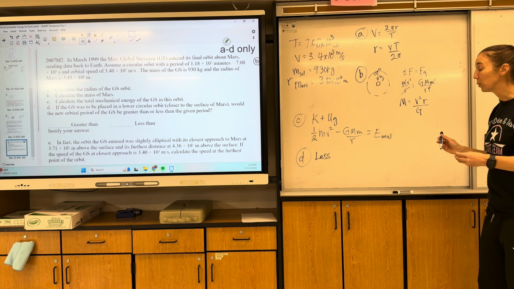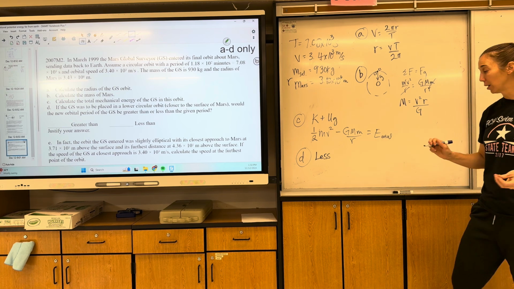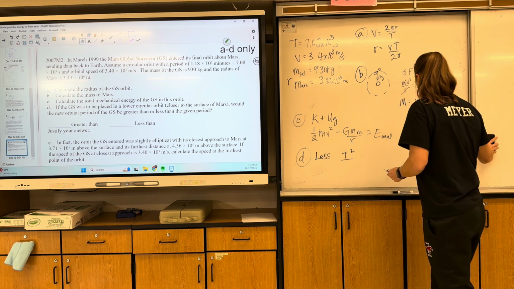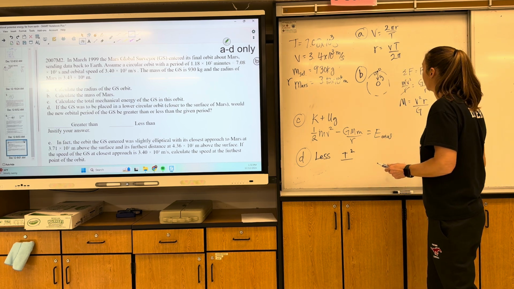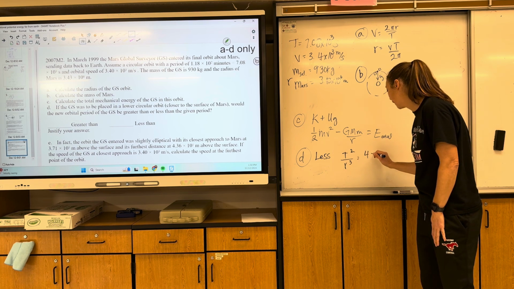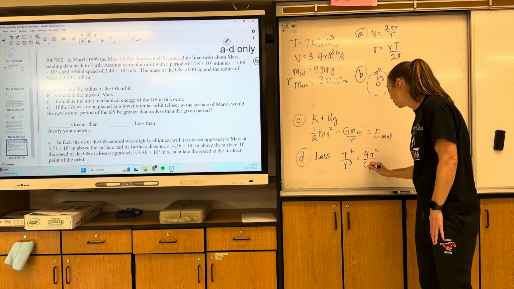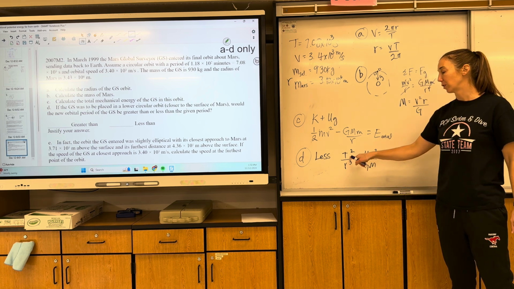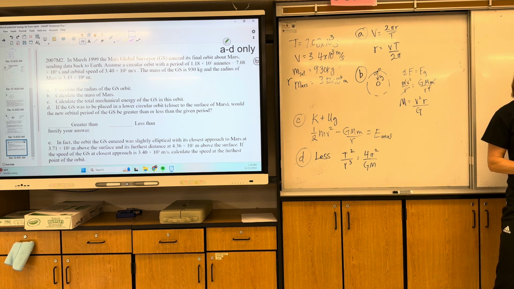So what you need to do is use Kepler's third law. So period squared over radius cubed equals 4 pi squared over GM. So then you would use this to show that if radius goes down, period goes down as well.